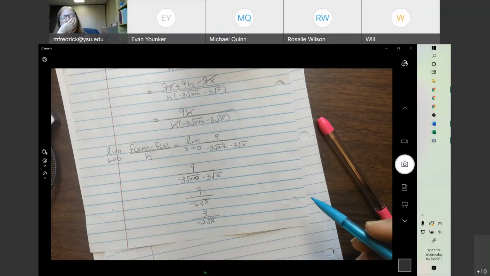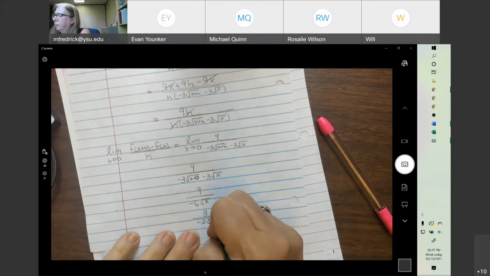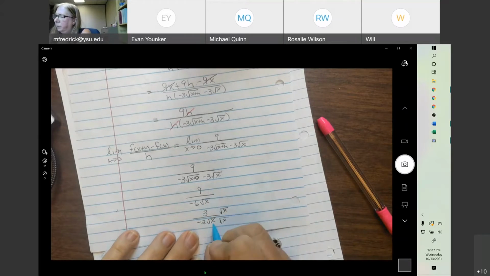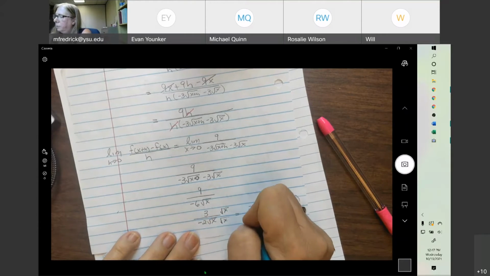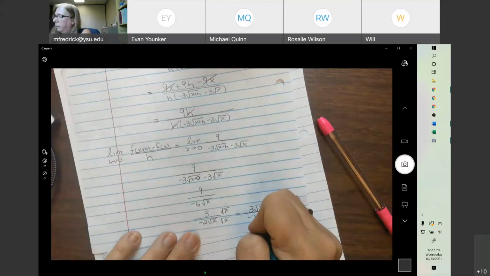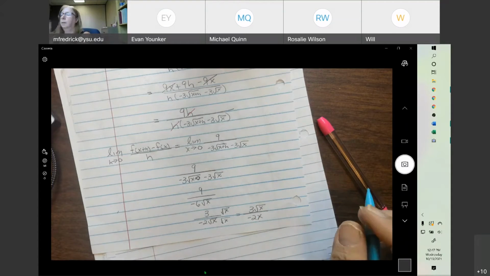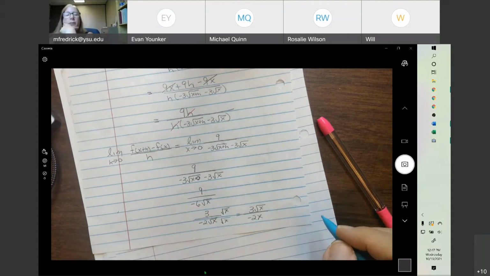I don't think my math lab cares either. If it does, you just multiply the square root of x on top and bottom to get rid of the radical. So then it's 3 square root of x over a negative 2x. But I would accept either answer.